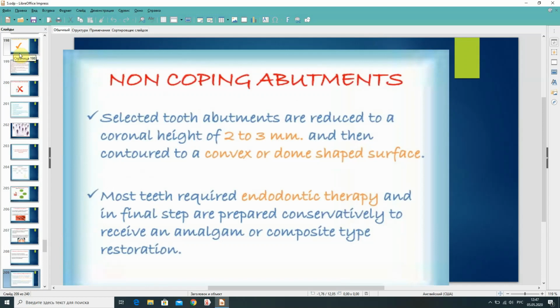Non-coping abutment: selected tooth abutments are reduced to a coronal height of 2 to 3 mm and then contoured to a convex or dome-shaped surface. Most teeth require endodontic therapy and in the final step are prepared conservatively to receive an amalgam or composite type restoration.